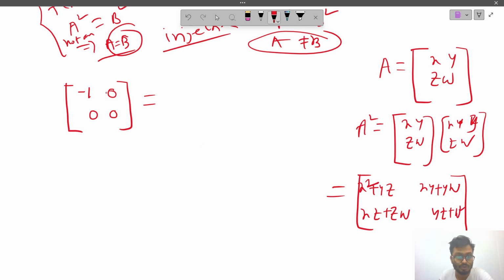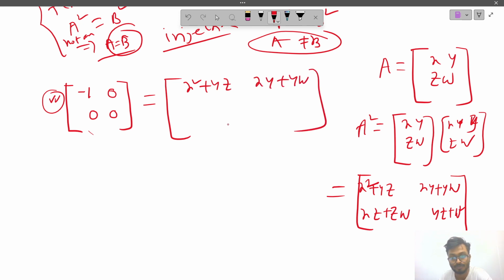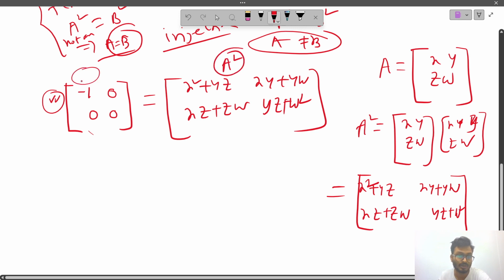So this is our A square, and we want to find the pre-image of that matrix.